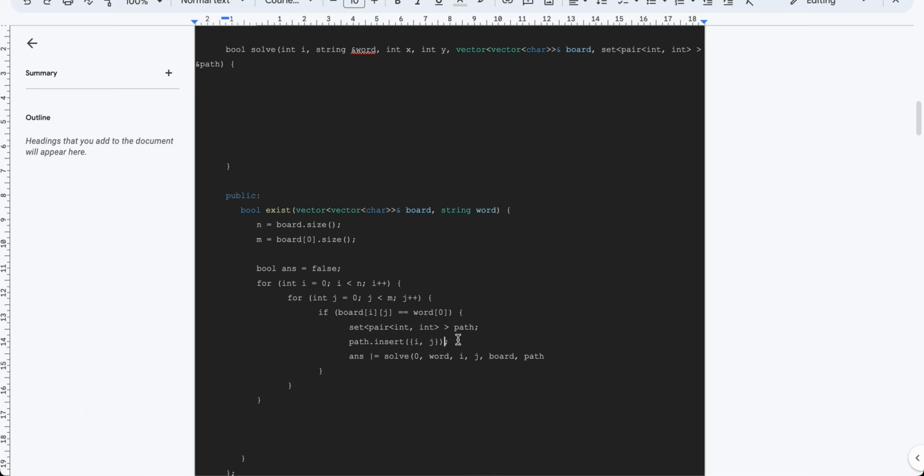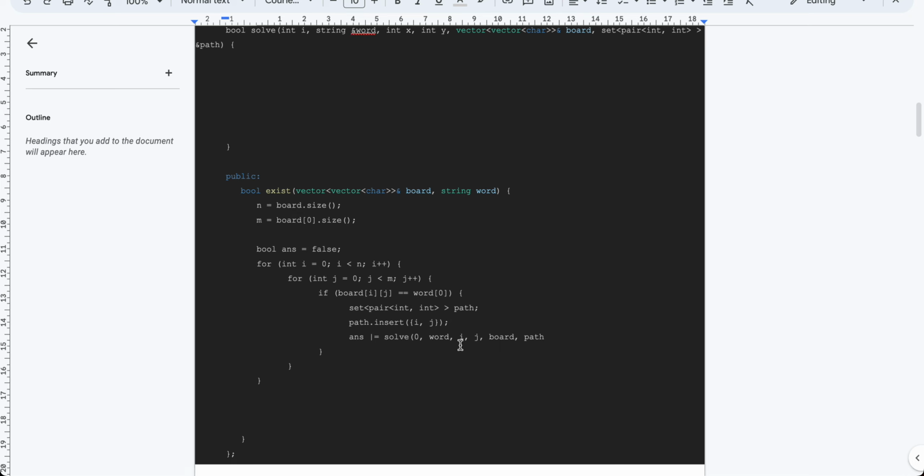I have taken this i to j, ij index already. Okay, so bool false, go to all the rows or the columns, if this is equal to this character, then inside the path push this ij and solve for the other word. I have processed till 0 index inside the word, and that was ij, board and path.